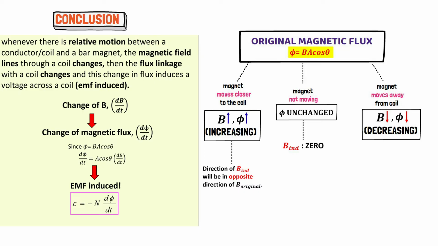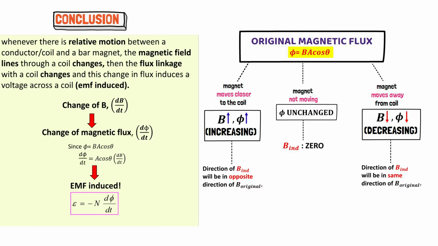Pertama sekali, tentukan dulu direction of the induced magnetic field. So, ingat ya, bila original magnetic field decreasing, means that magnetic flux also decreasing. So, bila B is decreasing, direction of the induced magnetic field mesti sama dengan direction of the original magnetic field. Sebab apa? Sebab bila magnetic bar bergerak jauh daripada coil, B akan decrease.